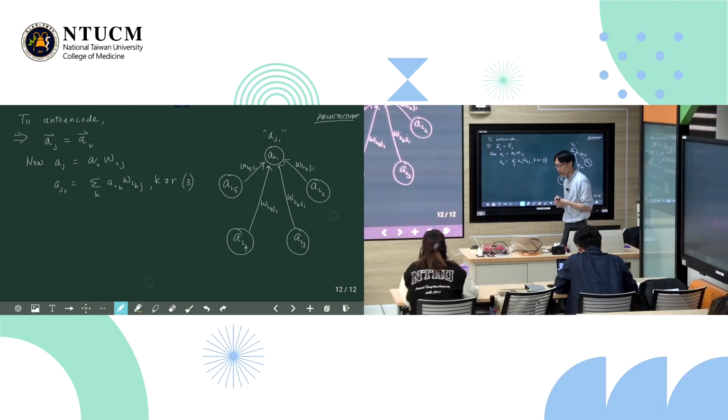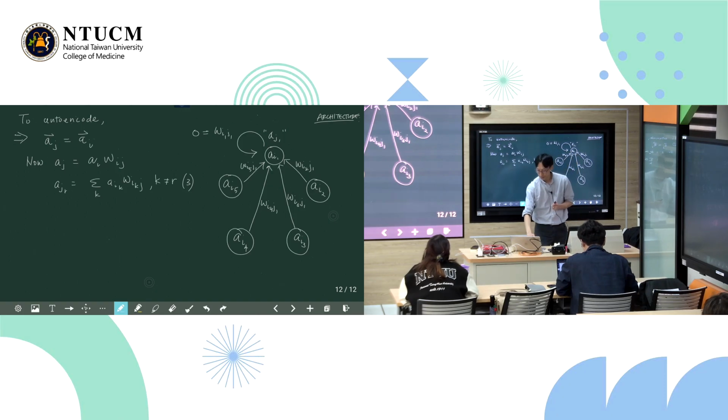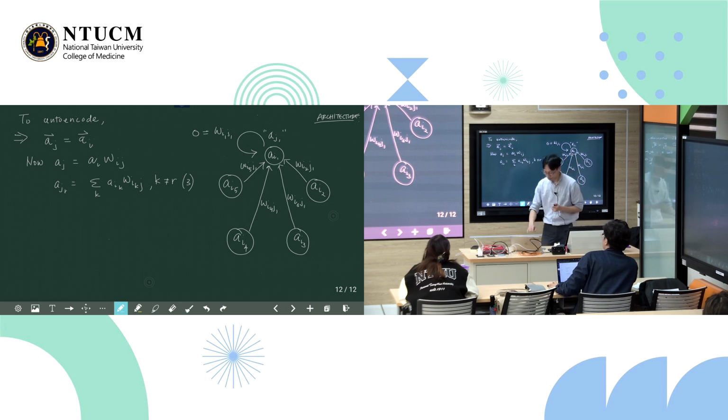Okay, so AJ1 is going to take these 4 inputs, but this weight is equal to 0. That's what this equation 3 means. Does that make sense? This is how you visualize it. Yeah? Okay, any questions?